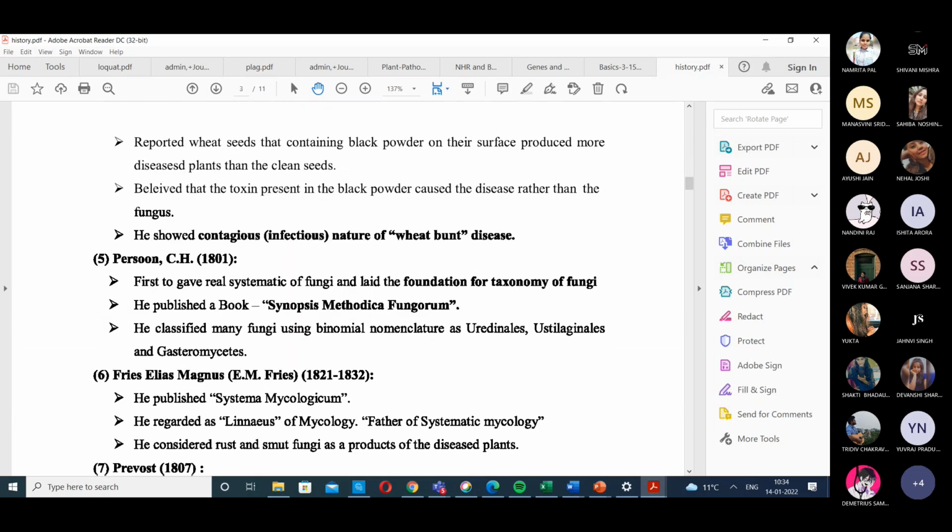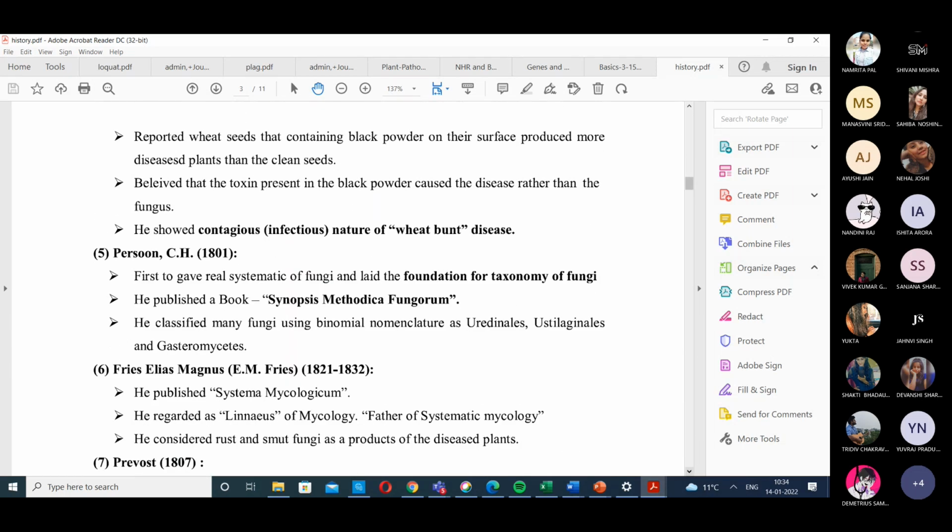And then, just a moment, he reported that wheat seeds containing black powder on their surface produced more diseased plants than the clean seed. So this means that plants which are infected and have visible fungal spores, if we use those seeds for growing plants, produce more diseased plants as compared to the visually clean seeds which don't show such signs.